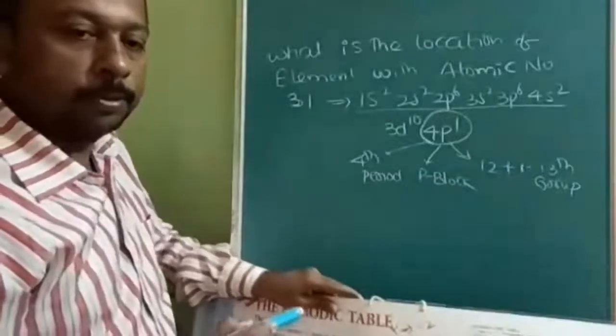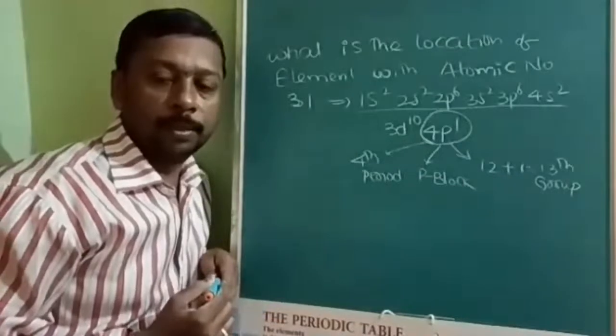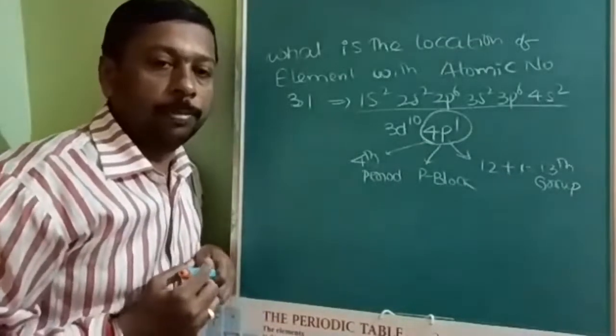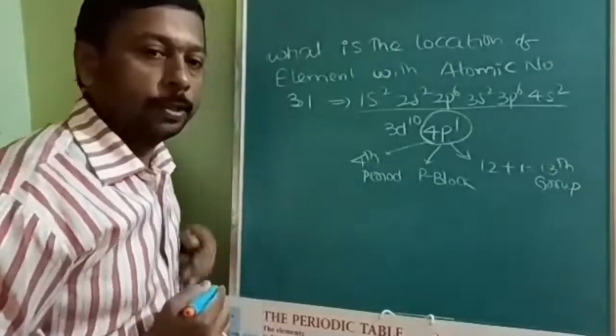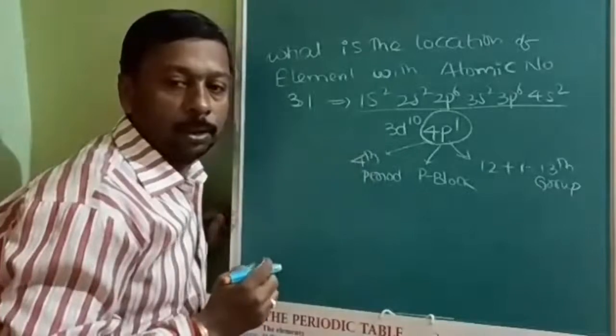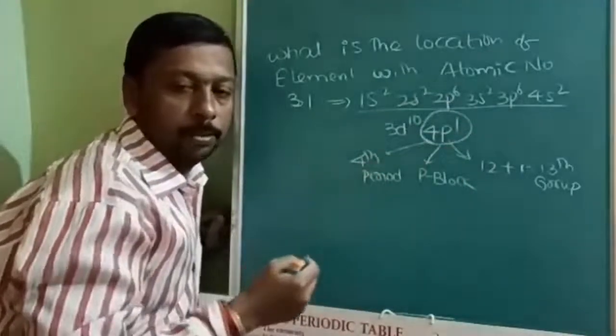This is possible when the atomic number is lower. But once the atomic number is very high, it will be difficult to write the electronic configuration. If you make even small mistakes, the block, period or group may change.